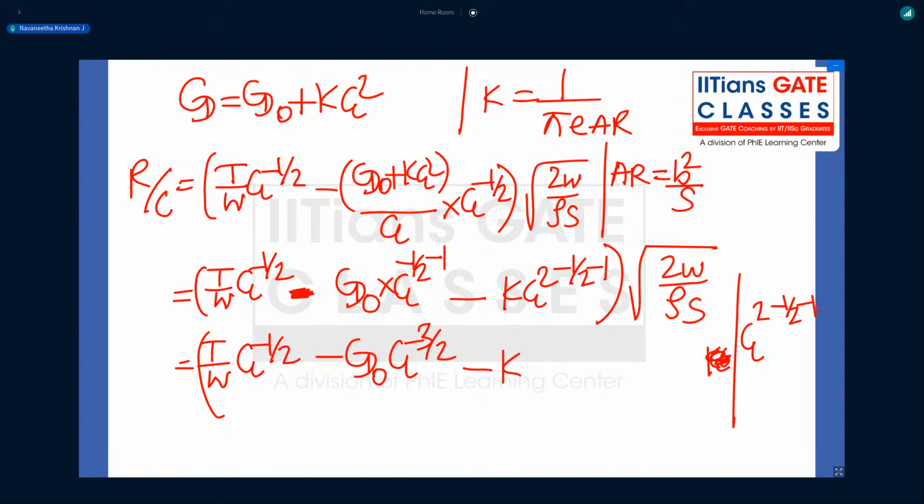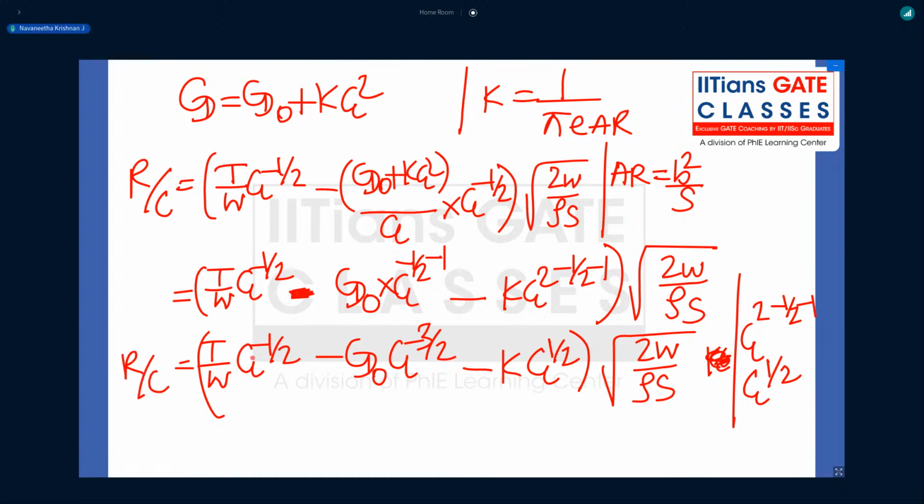So 2 minus 1 is 1, and 1 minus 1 by 2 is 1 by 2. So minus K CL power 1 by 2 into root of 2W by rho S.